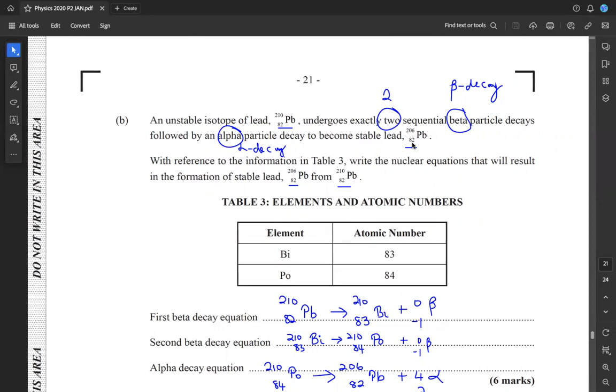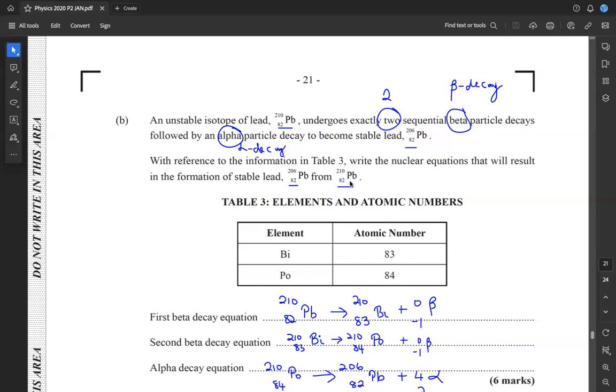Okay? So, with reference to the information in table 3, write the nuclear equations that will result in the formation of stable lead, right? So this is the stable lead from this unstable one. So remember when we talk about radioactivity and radioactive isotopes, we said there's an unstable nucleus that wants to become stable.